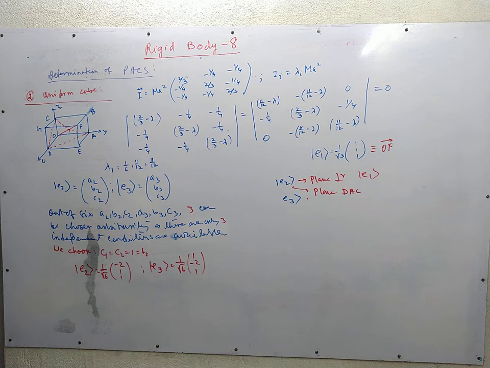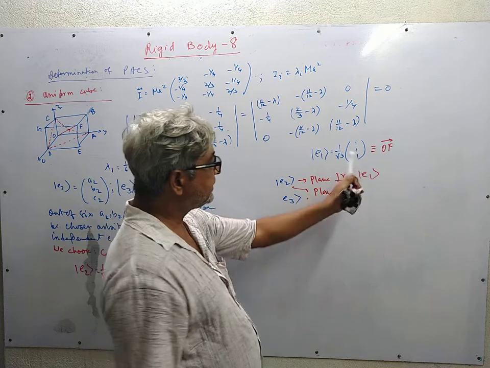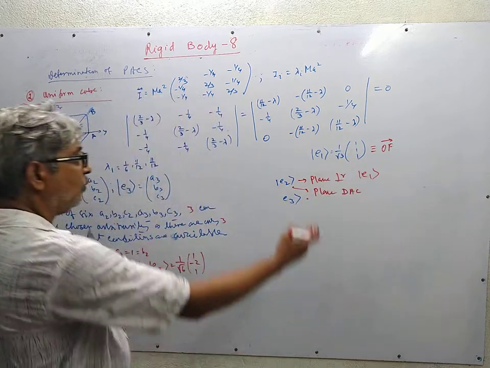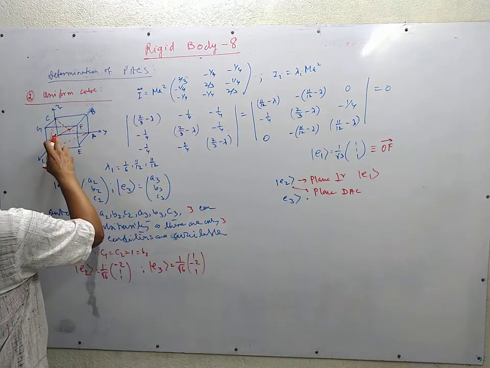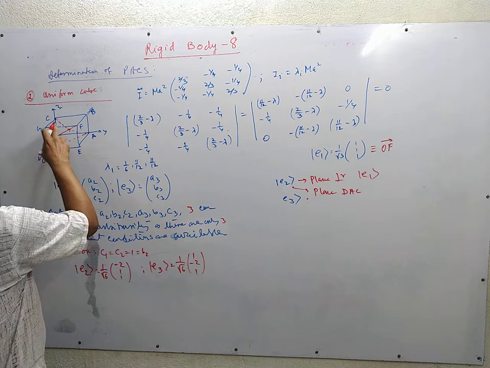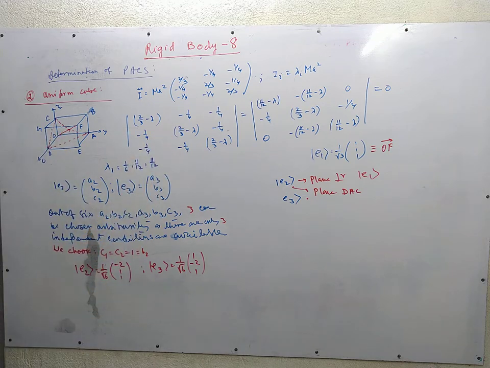So these are the eigenvectors, and if we choose these, the angles that this direction makes with the coordinate system can be ascertained, and we get the corresponding values of moment of inertia.